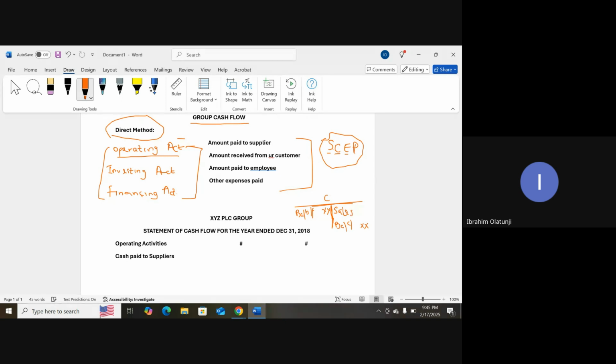By the time you put it, you add the two sides, and then look for the difference. The difference is your cash paid to supplier. Cash paid to what? Supplier. So the cash that you pay to your supplier.